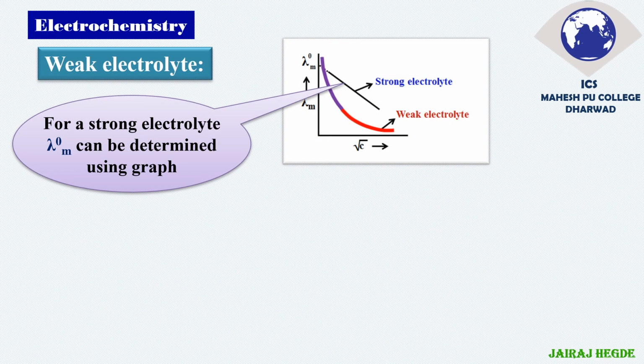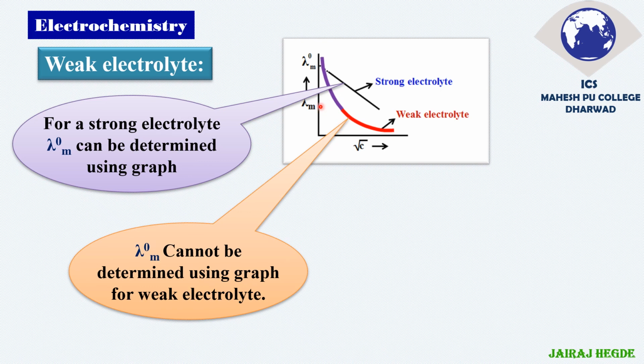How to calculate it for weak electrolyte? See, this is a line of weak electrolyte. This is for strong electrolyte. For strong electrolyte, lambda m naught can be calculated. The limiting molar conductance can be calculated by extrapolating the graph where it touches the y-axis, which I already told. But how to calculate it for weak electrolyte? We cannot exactly calculate for weak electrolyte because it never touches the y-axis. Here the molar conductivity of weak electrolyte abruptly increases with increase in the dissociation of ions.